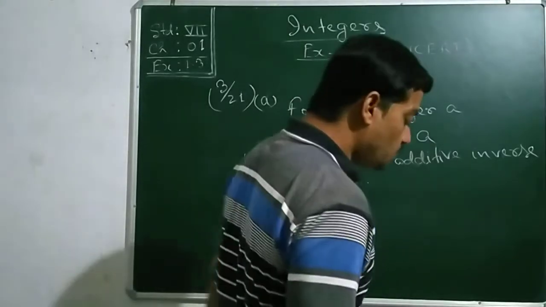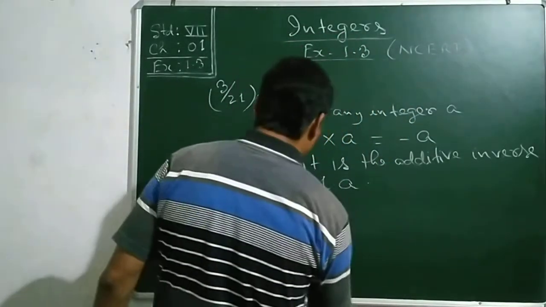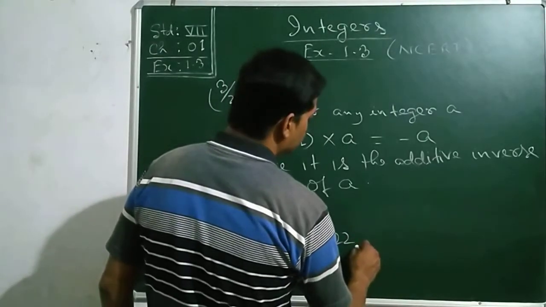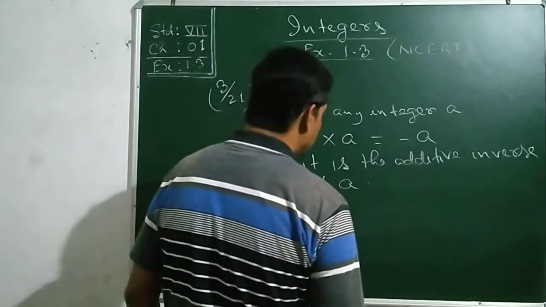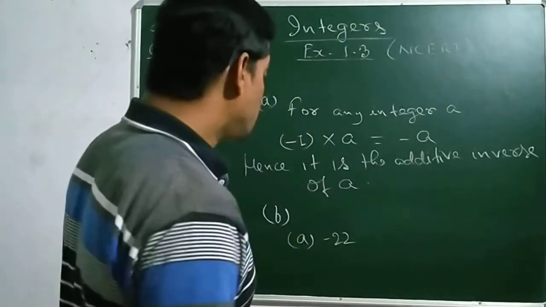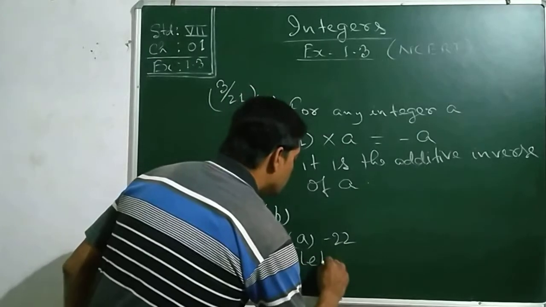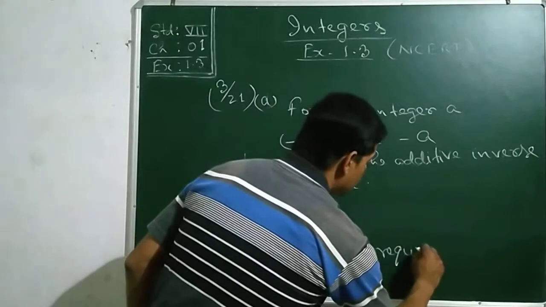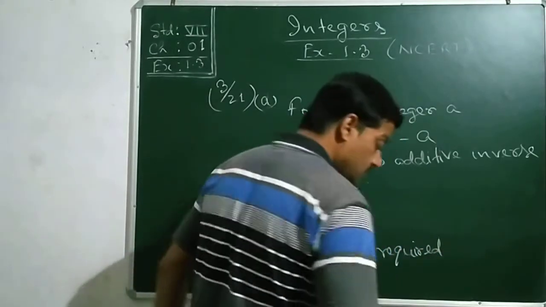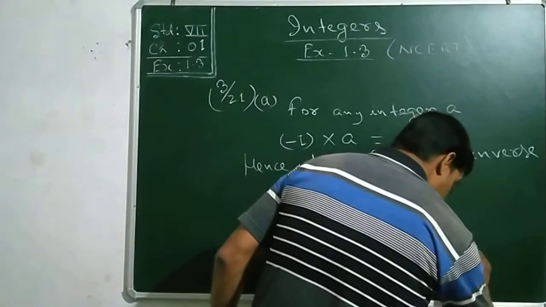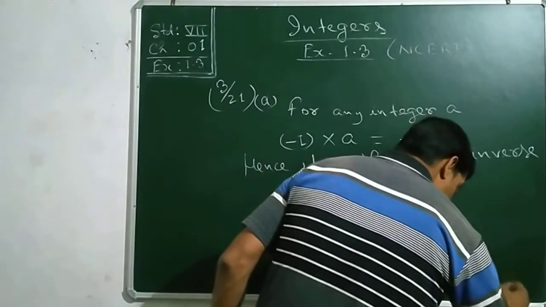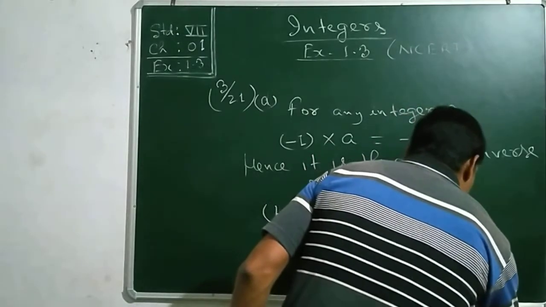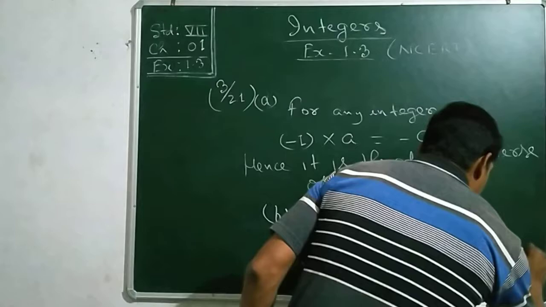Determine the integer whose product with minus 1 is minus 22. To find this, let the required integer be x.